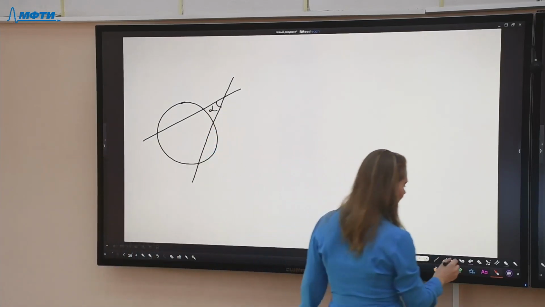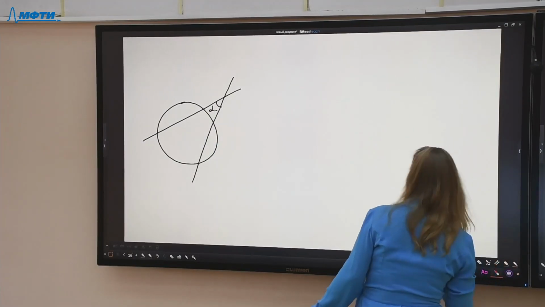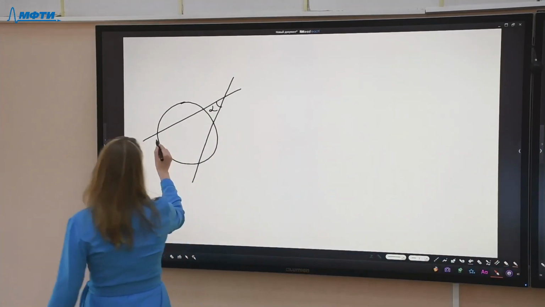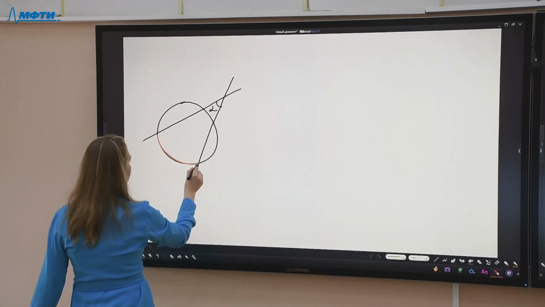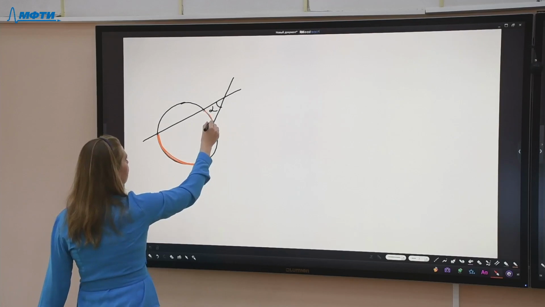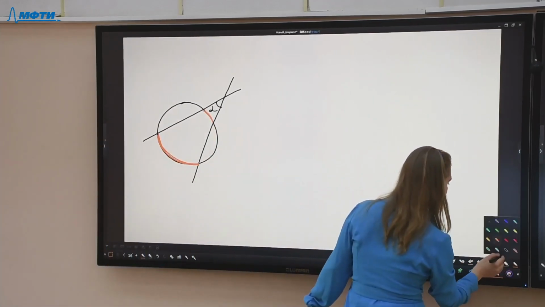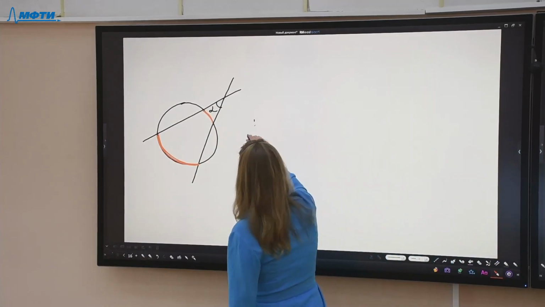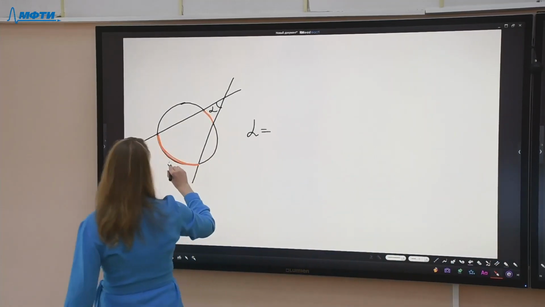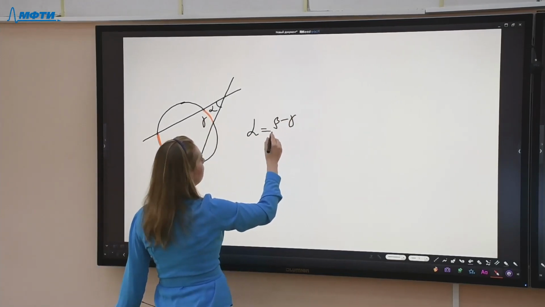Alpha is half of the sum of two arcs intercepted by these two secants. So this and this, not a sum, a difference. So we can say that alpha, let this arc be beta, and let this arc be gamma, is beta minus gamma over 2.